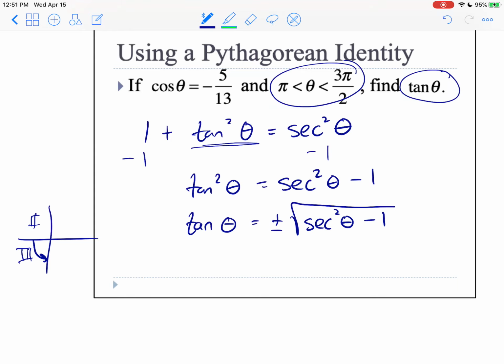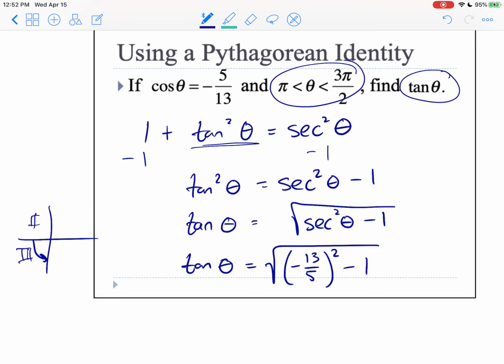And if we're in the third quadrant, that means the plus or minus here can only be plus, because tangent is going to be positive because both the coordinates, x and y, are negative. And so for the purposes of this, we don't need the plus or minus. It's just going to be plus. Now we also know the value of secant because we know the value of cosine. Since secant is the reciprocal of cosine, this is negative 13 over 5 squared minus 1.